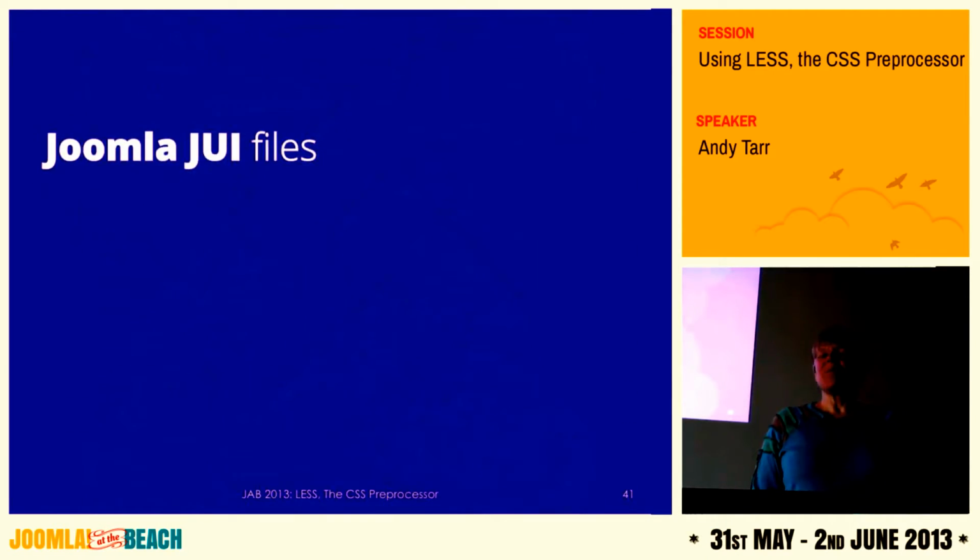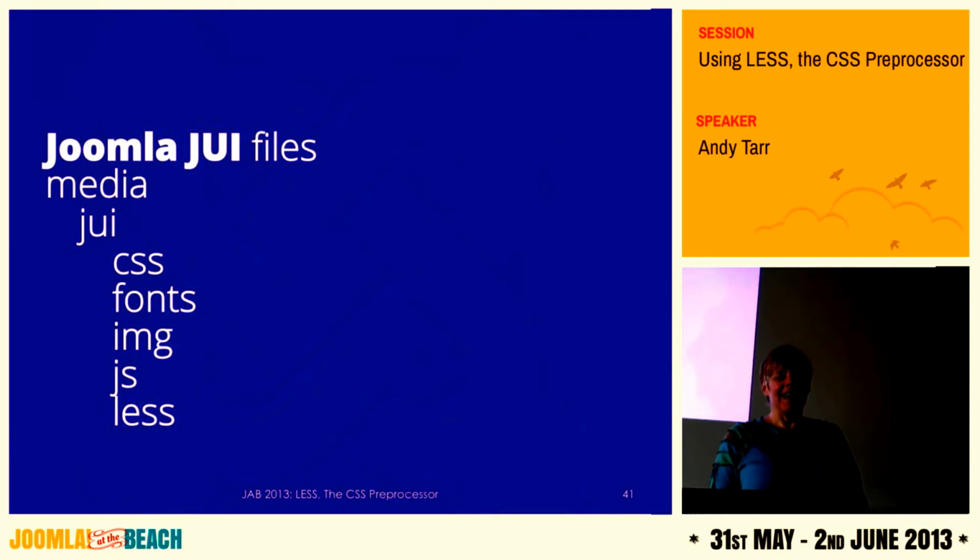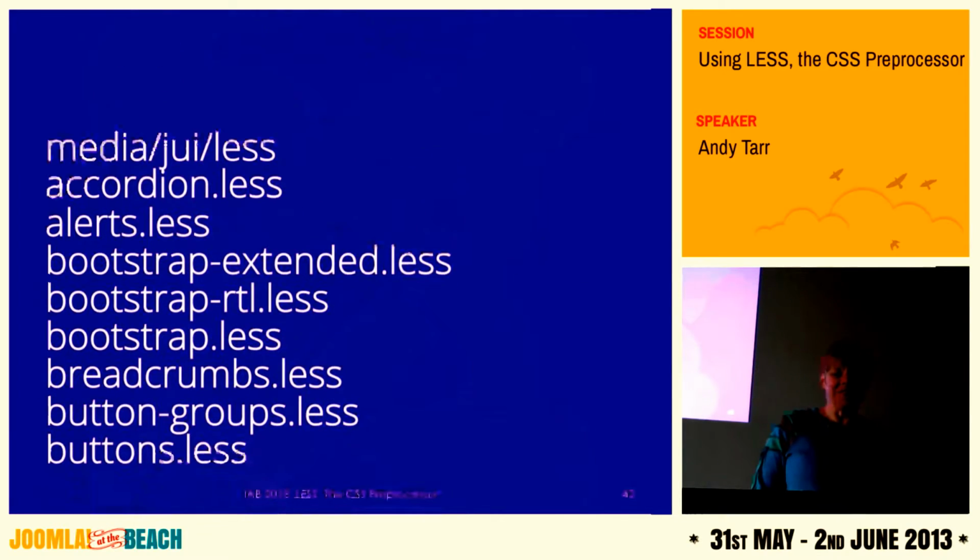All right, so Joomla has added the GUI files. This is in the media folder. There's the GUI folder under that, and in that it's got a CSS folder, a fonts folder, an image folder, a JavaScript folder, a Less folder, and inside the Less folder, look at what you got.